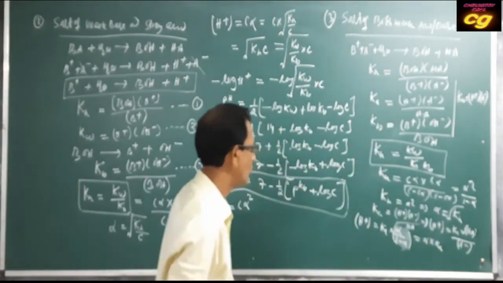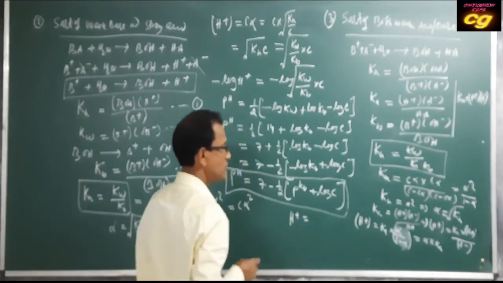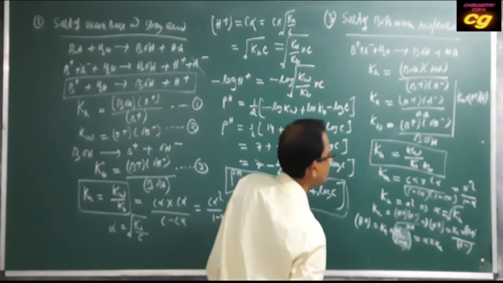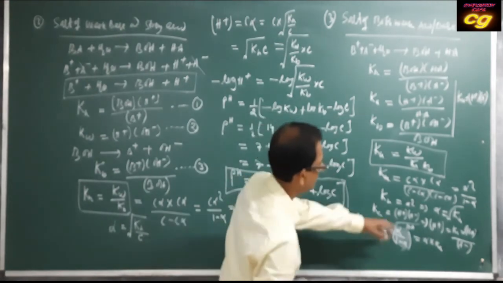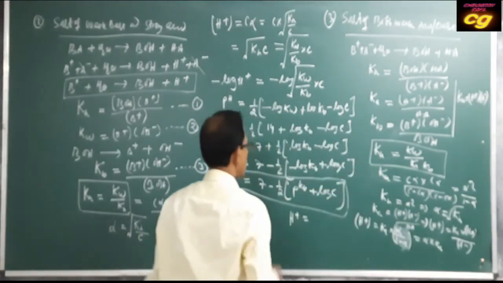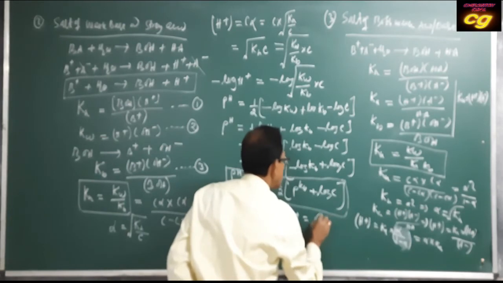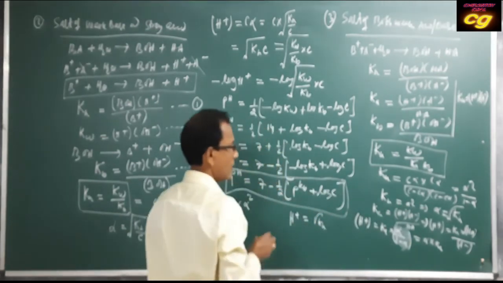So now H plus concentration is equal to how much? What is the value of alpha? Alpha is equal to square root of Kh into Ka.